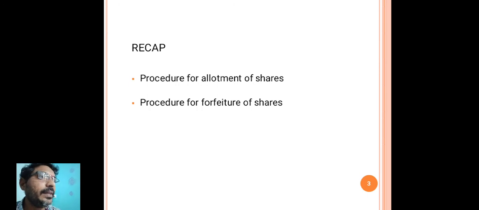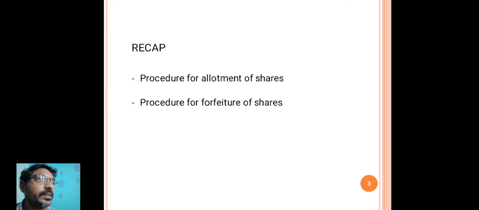The company secretary will prepare a list of the shareholders who have applied to purchase the shares, and the allotment sheet, and submit them to the board of directors.